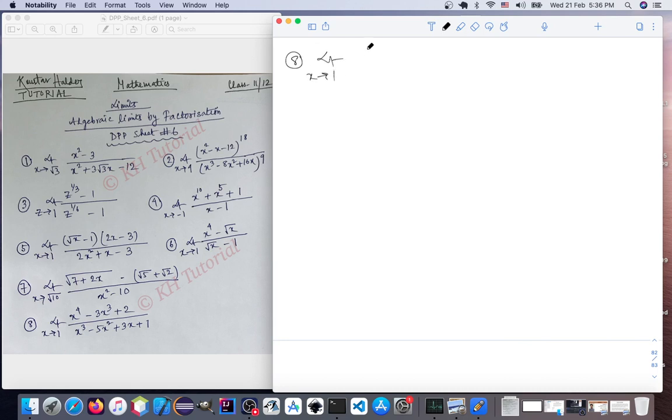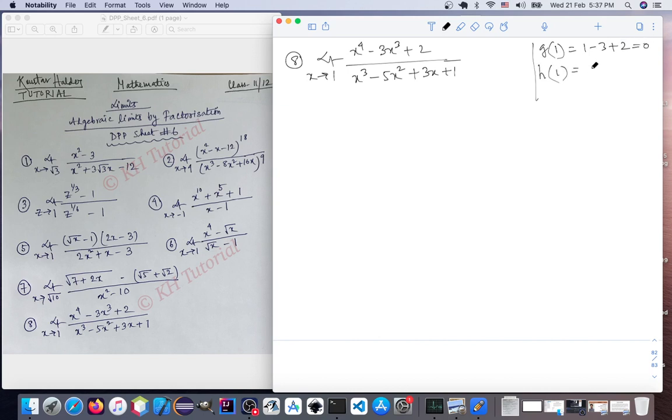It says limit x tends to 1, x to the power 4 minus 3x cube plus 2 over x cube minus 5x square plus 3x plus 1. So clearly g1 equals 1 minus 3 plus 2 equals 0.